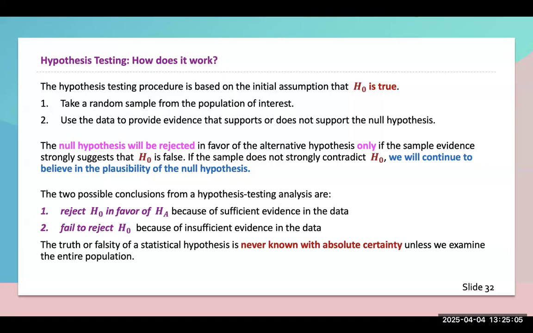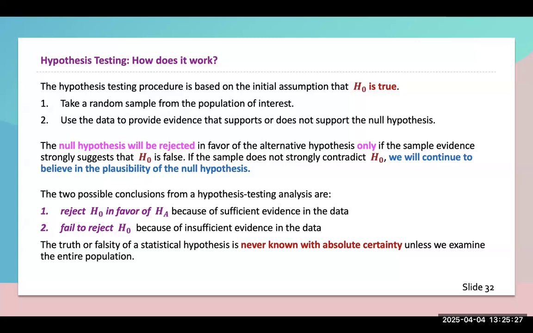Now, at the end of a hypothesis test, there are two possible outcomes. The first one is we reject the null hypothesis in favor of the alternative because there's sufficient evidence in the data. The second option is that we fail to reject the null hypothesis because there's insufficient evidence in the data.